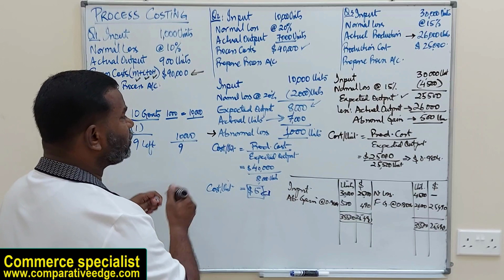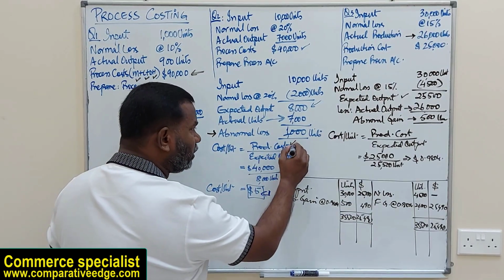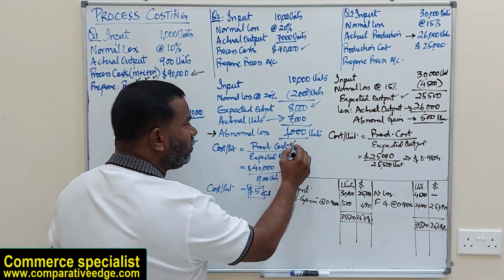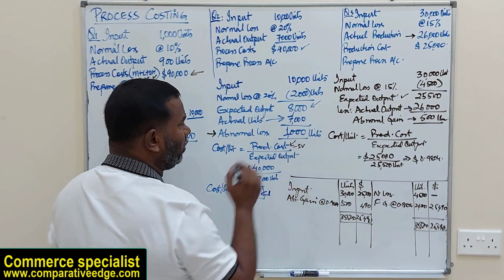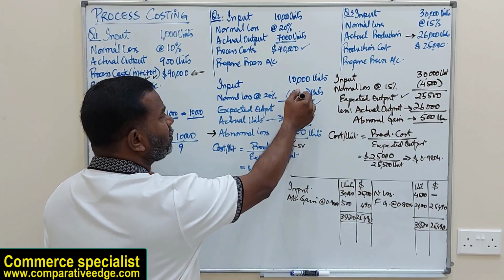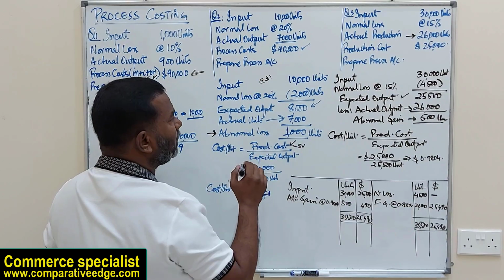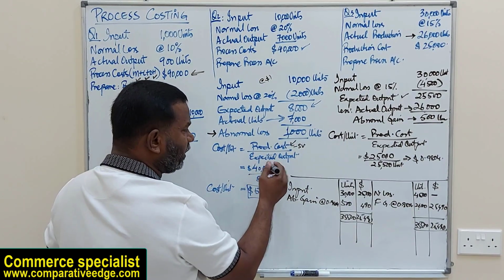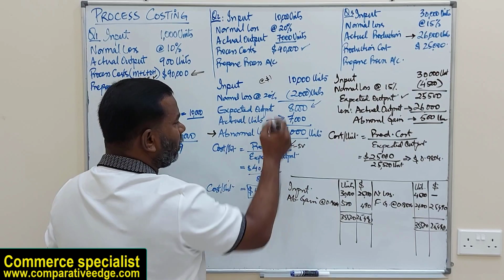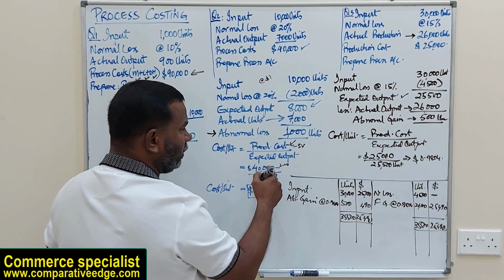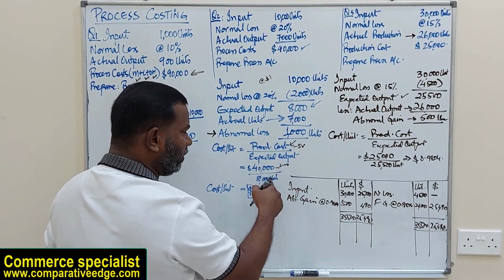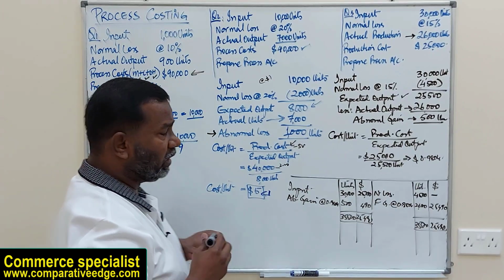The only thing is when you're calculating production cost, from this production cost, you will minus the scrap value of normal loss. Let's say normal loss units are 2,000 units and that could be sold for $1. So from your production cost, which is 40, 2,000 into $1, you will minus 2,000. Whatever you get, you divide by expected output, you will get cost per unit.